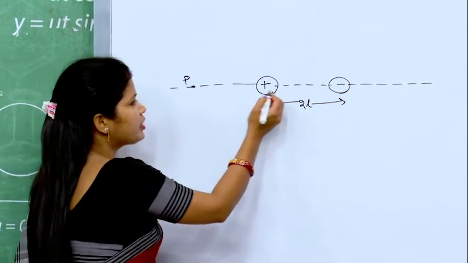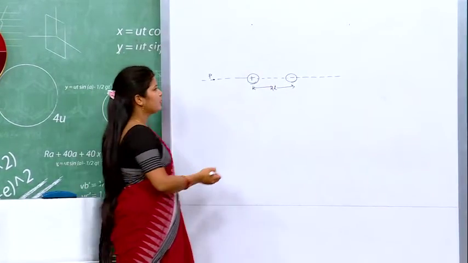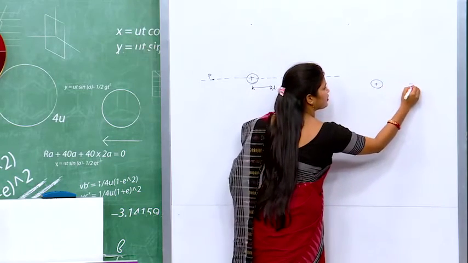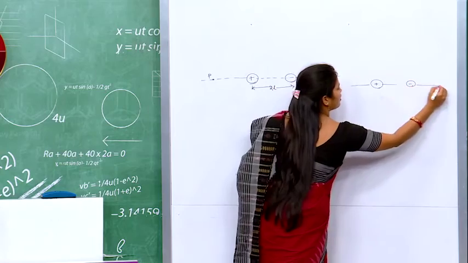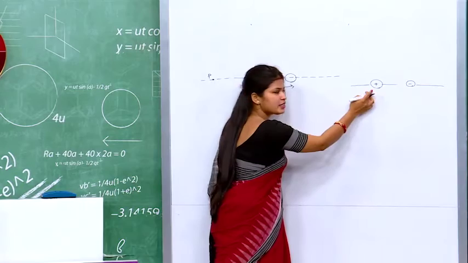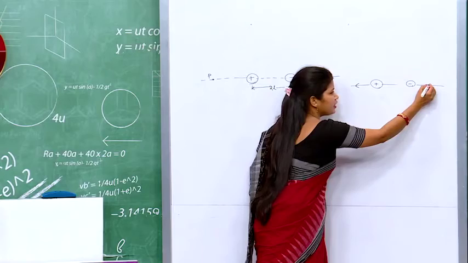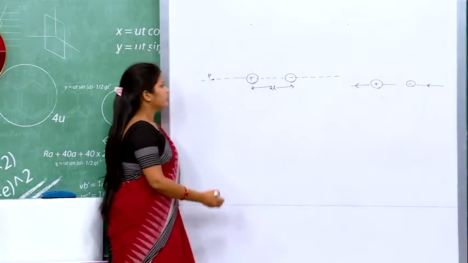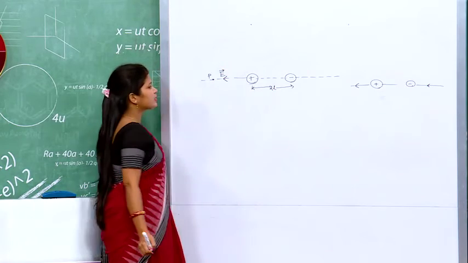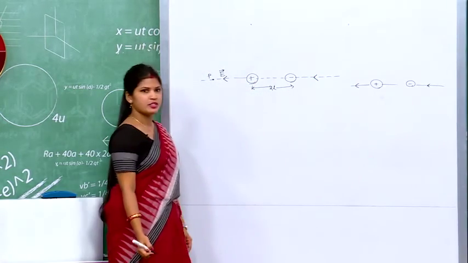Then what is the direction of electric field intensity here? We know that the electric field direction is outward for a positive charge and inward for a negative charge.